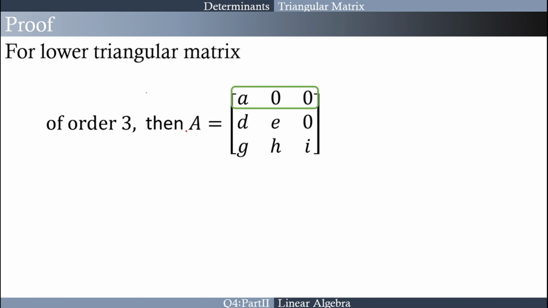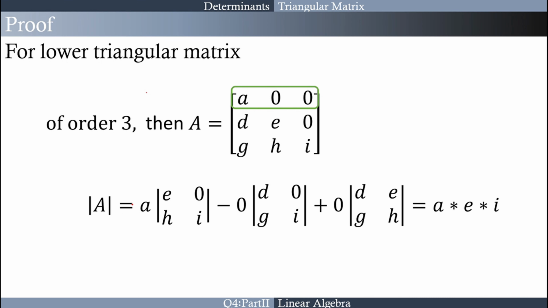If we expand along the first row, since it has a bunch of zeros, we'll just deal with our first entry. The other terms are cancelled because we have multipliers of 0. So we also get the product of its main diagonal, which is a times e times i.